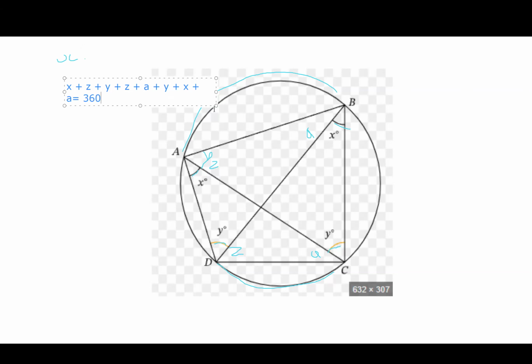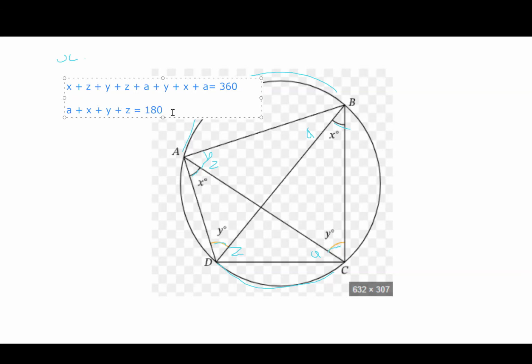Okay, so does this seem right? I'm just adding all of the angles A, B, C, D, and they're equal. Josie, yeah, Josie's absolutely right. So this is equivalent to what Josie said in the chat. So if we add all of these angles, and if I simplify this, I should get a plus x plus y plus z equals 180, right?